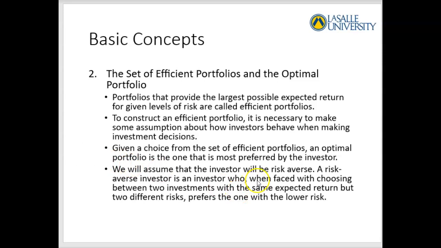So a risk averse investor is an investor who, when you give them 2 options of investments with the same expected return, will always select the one which has the lower risk. Now, this might seem like an obvious choice, but there could be situations where people would prefer the higher risk situation, which is why we have to clarify and define this assumption so that it's clear from the beginning.